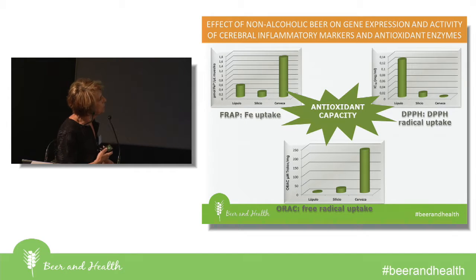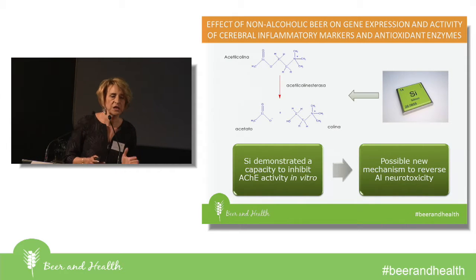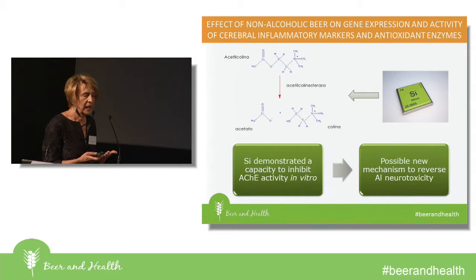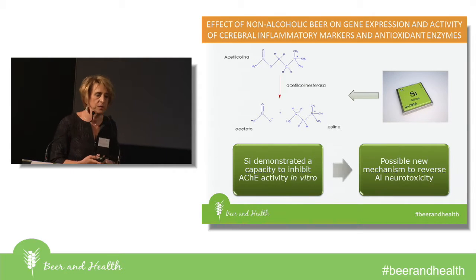So as you can see, beer presented an antioxidant capacity much higher than hops and other substances. This is very important because if we remember correctly, aluminum had the opposite effect. So this body burden due to the silicates could result in a new mechanism to revert toxicity of aluminum.